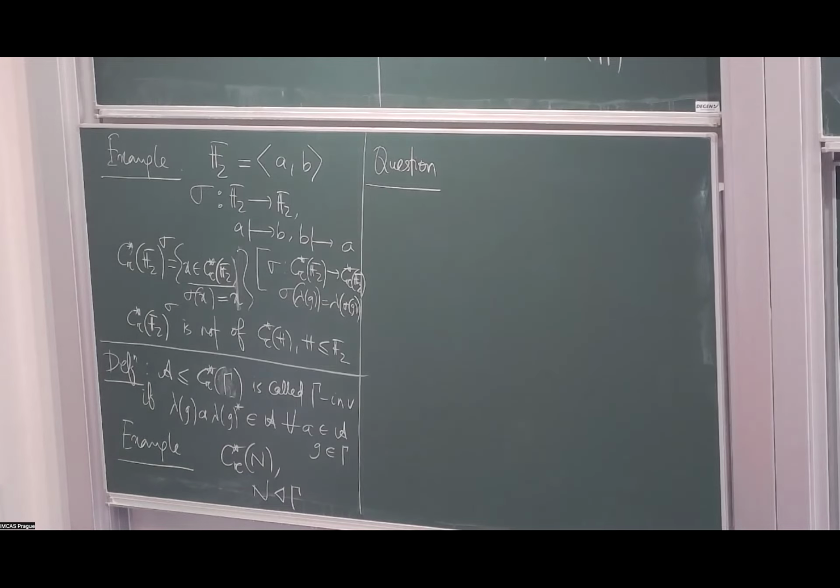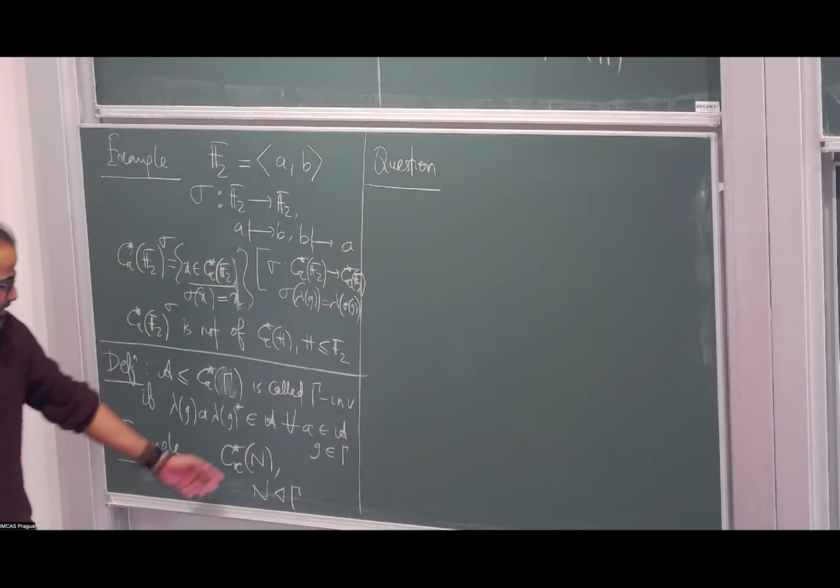This is an invariant subalgebra because N is invariant under conjugation, and lambda is a unitary representation, so everything is preserved.